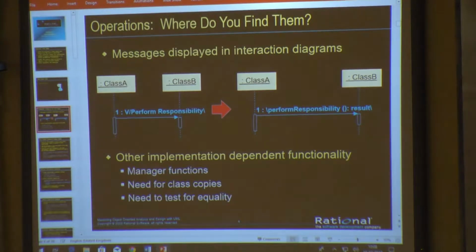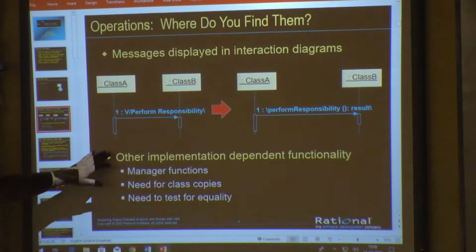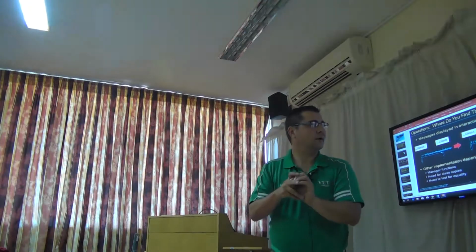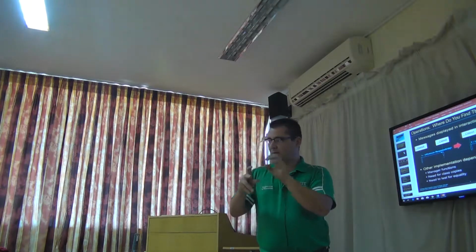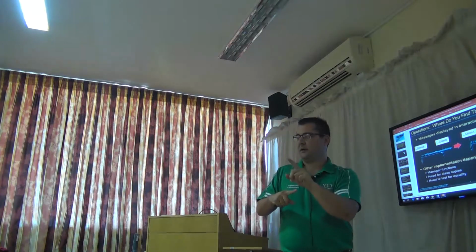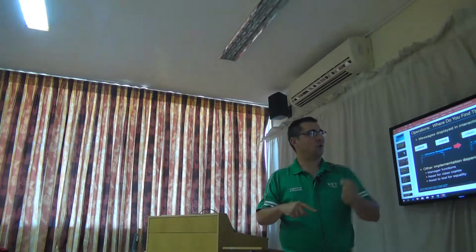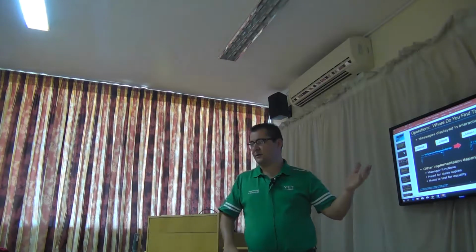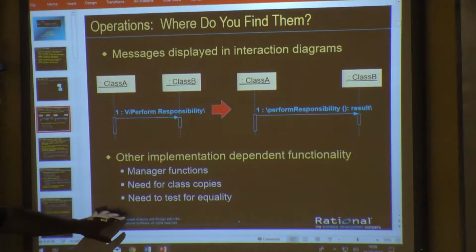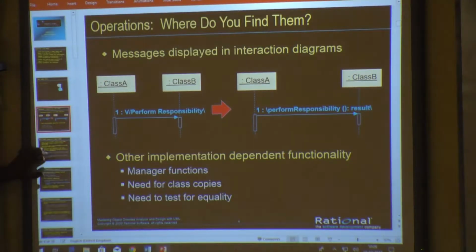But we also might need to look for special cases if we need to manage some special functionality. If there is need for us to copy a class or create a copy of an object, then we might need to make a special operation, because that wasn't initially in our diagrams. If we need to test for equality, we might need to incorporate it there.